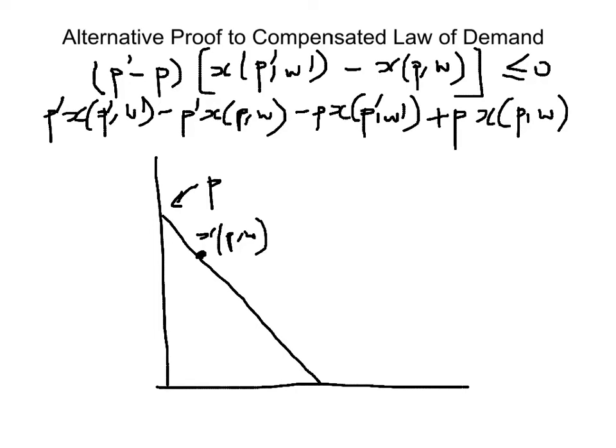Then prices change to P prime. And there is a compensated price change, so the original bundle remains affordable. Here is P prime, and I'm picking a second bundle x(p prime, w prime).